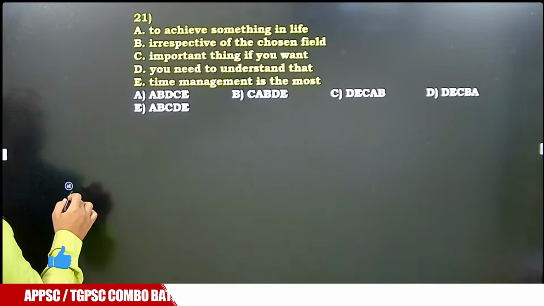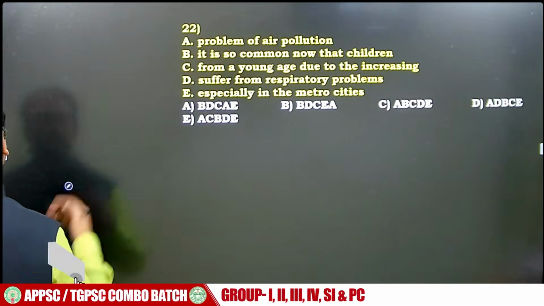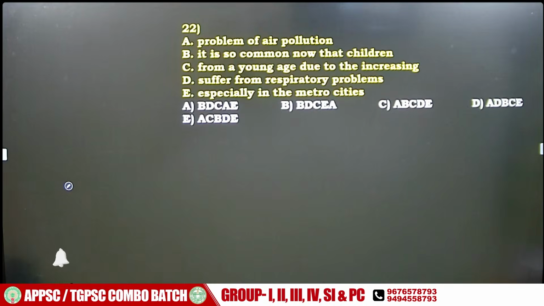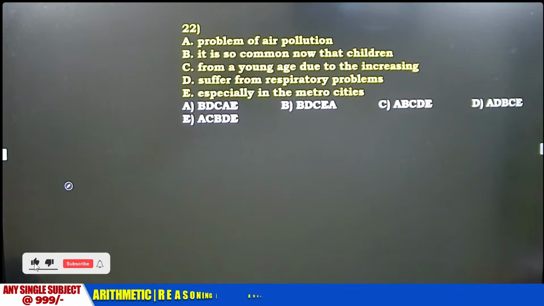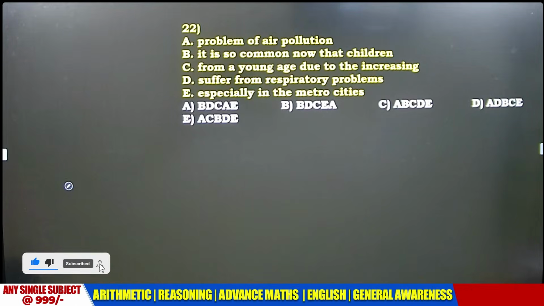With the same level of confidence, try the 22.